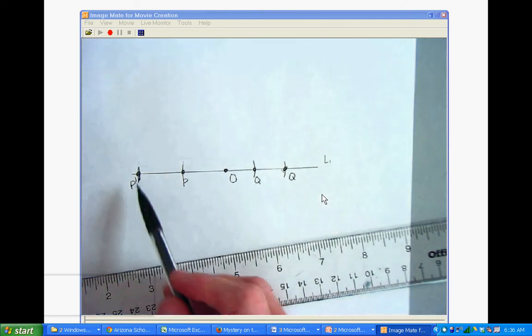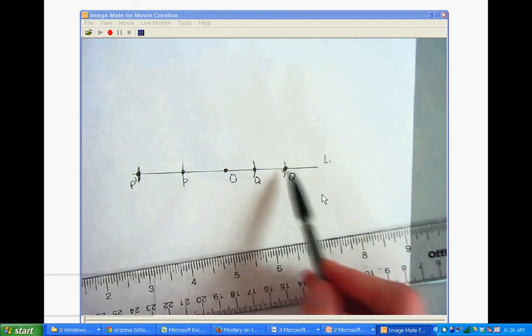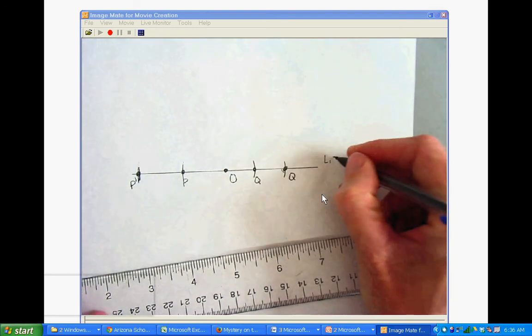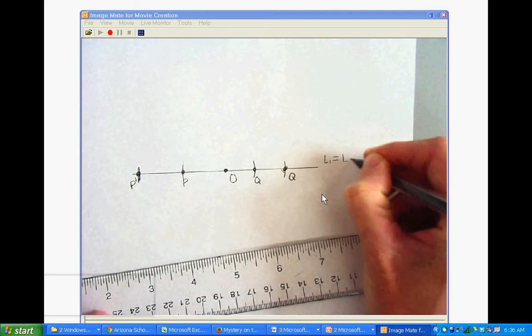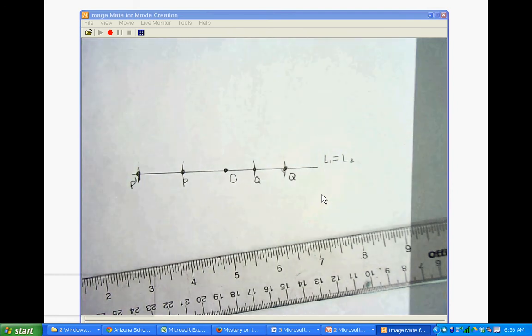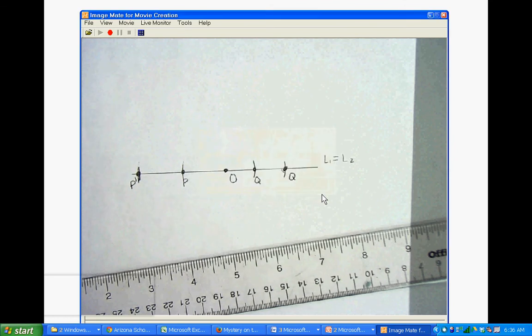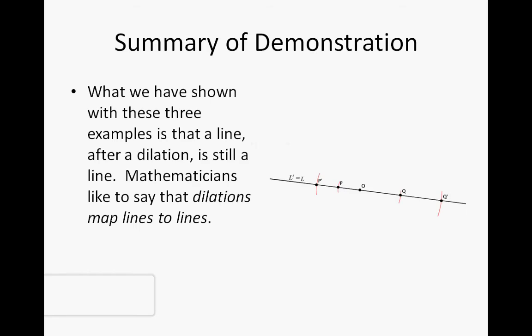So if we draw a line from P prime to Q prime, what do we notice? That L1 is the same as L2. Okay, the line is completely on itself. All right. So a summary of this demonstration is L prime is the same as L. I called it L1 and L2, but L prime is the same as L. And we like to say that dilations map lines to lines.